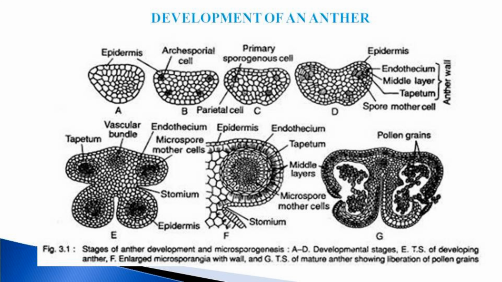One enlarged portion is also shown in diagram F, and in the last diagram G, you can see the dehiscing anther and the pollen grains being released. You can compare it with the previous diagram. Do a comparative study of this diagram and the previous diagram, and you can understand the concept better.